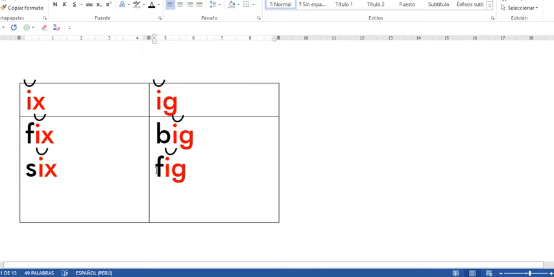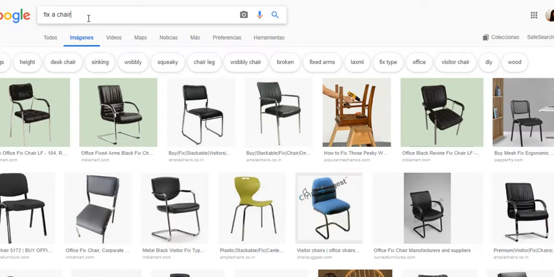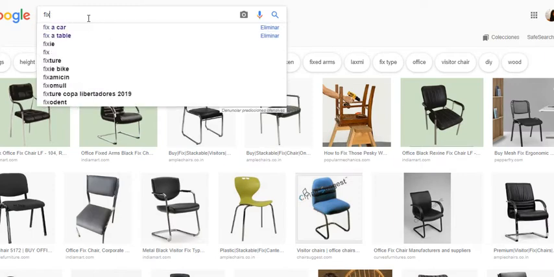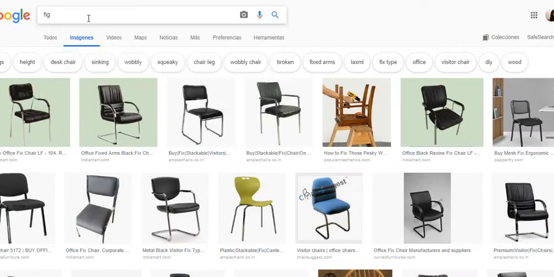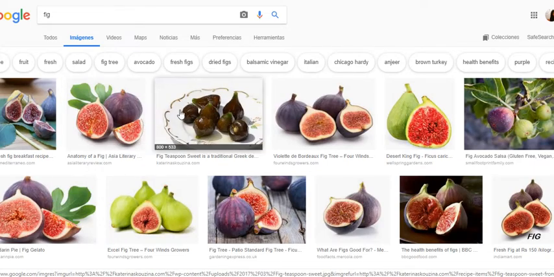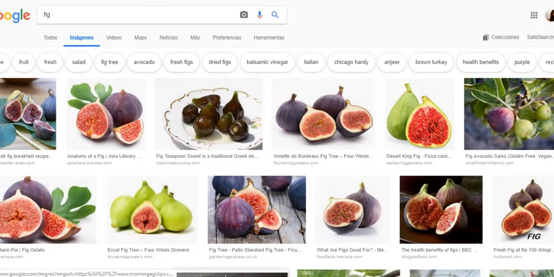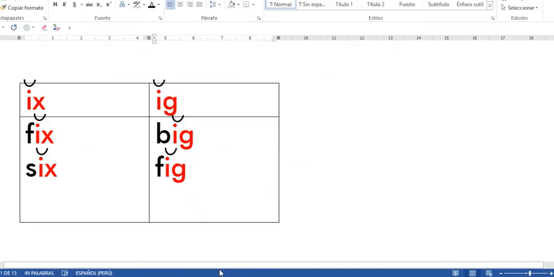The next one is fig, fig. Remember that a fig is a fruit. Fig. We have got yummy figs. Okay, fig.